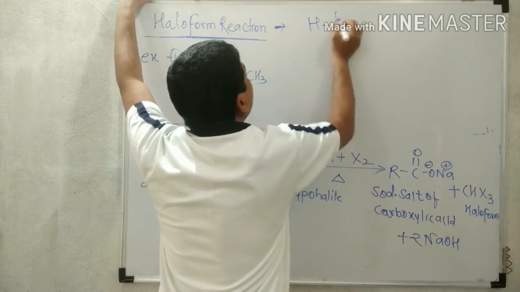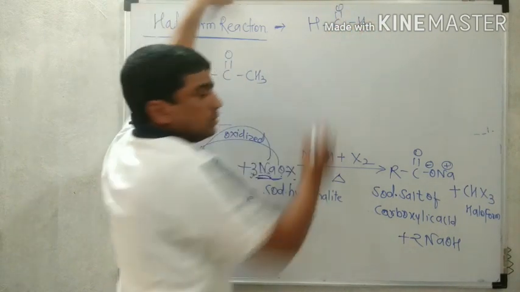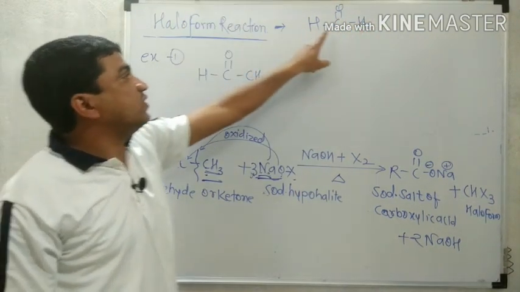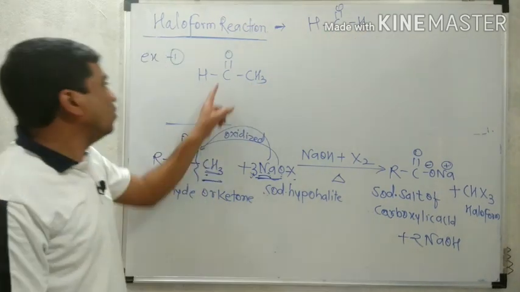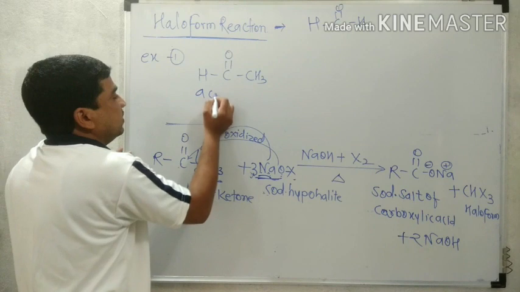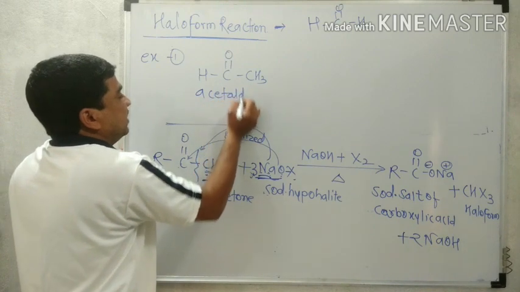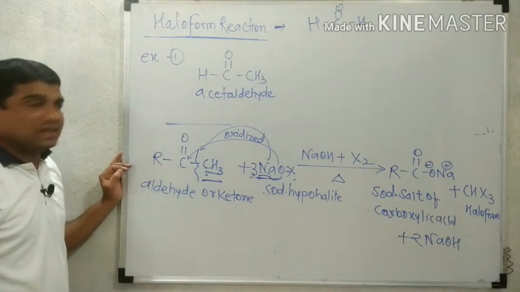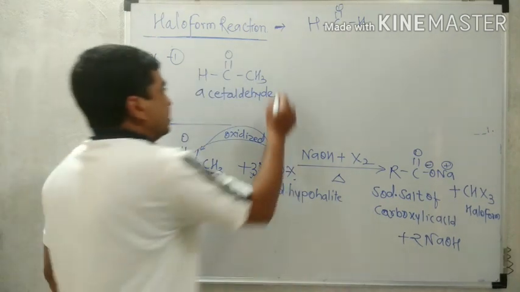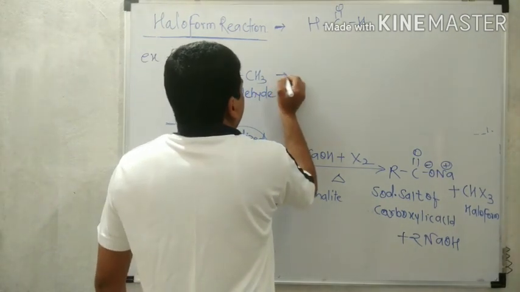Can formaldehyde show this reaction? No, because in the structure of formaldehyde there is no CH3. So acetaldehyde, CH3CHO, can undergo this reaction because it contains the CH3 group attached to the carbonyl carbon.